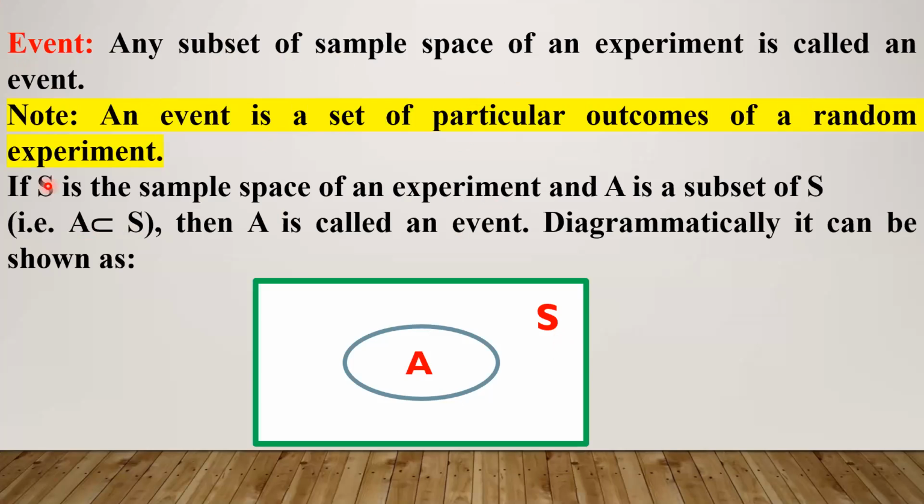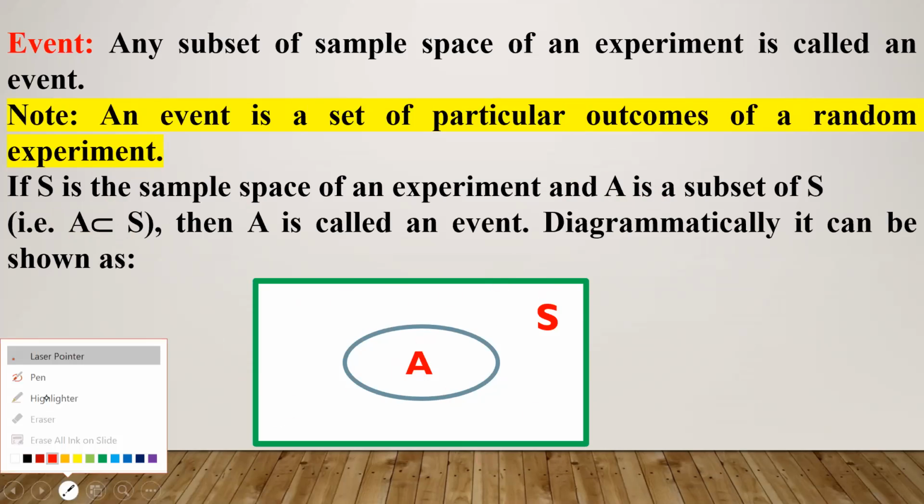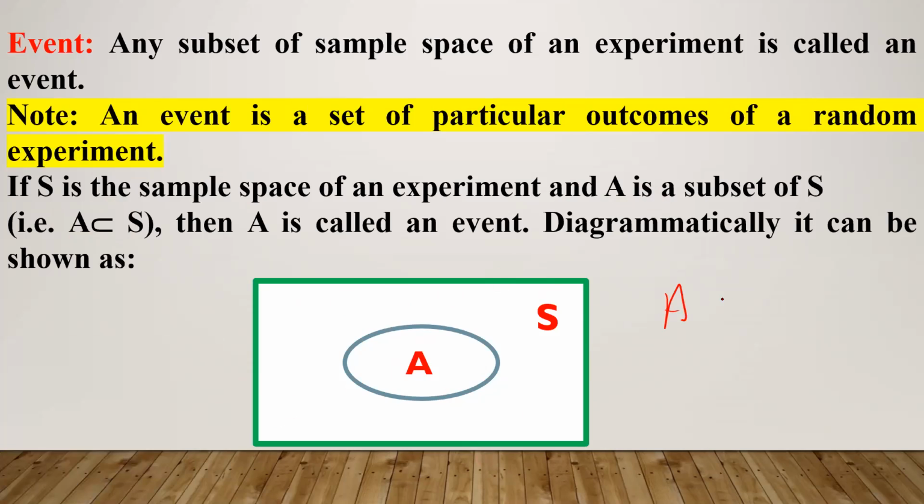If S is a sample space and we denote the event by A, then A is a subset of S. This is the symbol for subset. By diagram, I have tried to explain it. If this rectangle is the sample space S, then this oval shape, which I have labeled A, is a part of it. So A is an event and S is a sample space.